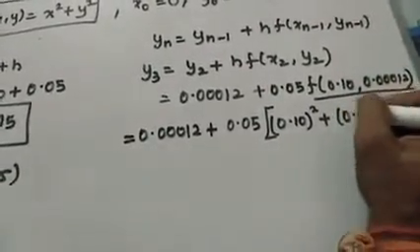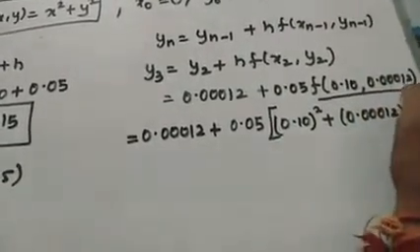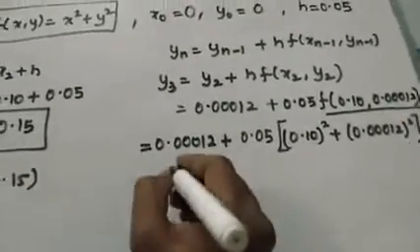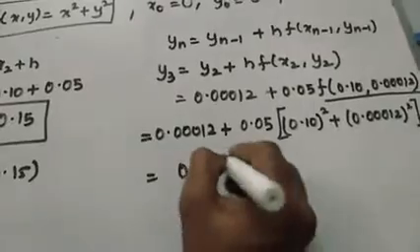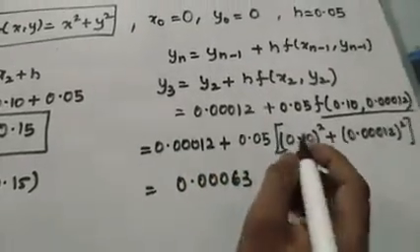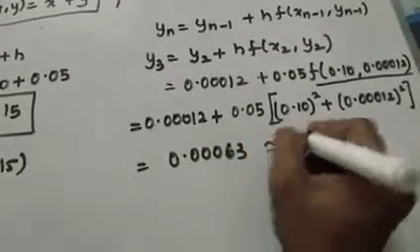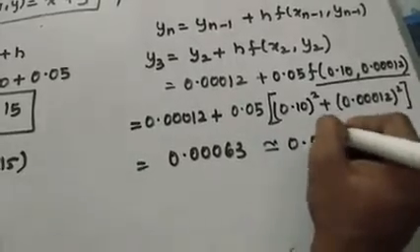Y is y square. What is here? 0.00012 whole square. Now if you simplify this, after simplifying you will get 0.00063, and if you make it as a 4 decimal, you will get 0.0006.